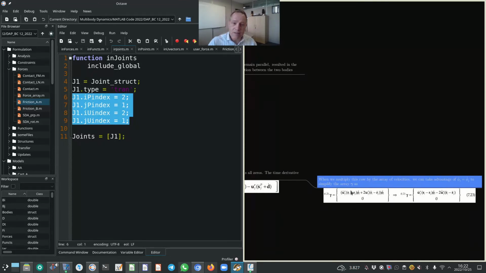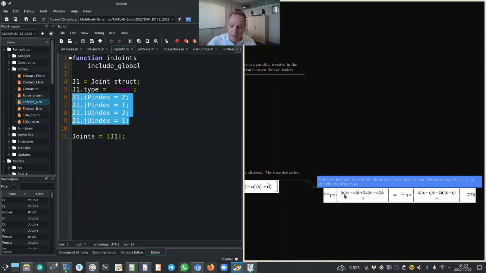Now, you don't need to memorize any of these equations. The reason why I'm showing you this is, once again, looking at the terms: what do we need to populate the right hand side of the acceleration equations in DAP?